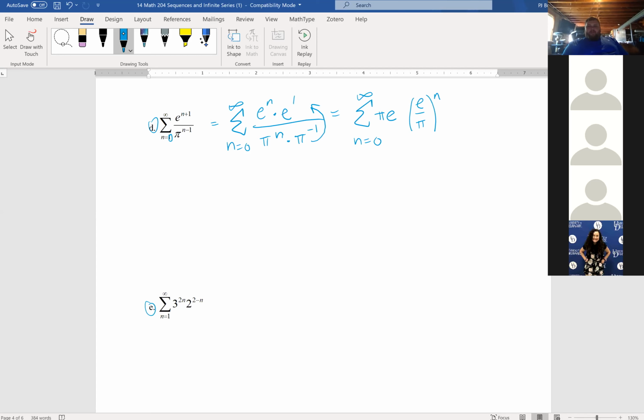That now is in the correct form, where this is a, that is r. So my question is, is the absolute value of r less than 1? No. Are you sure?